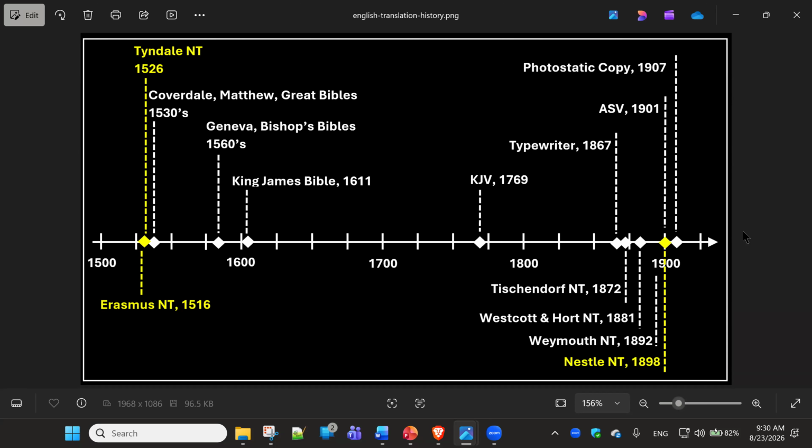What was the mistake that I made with the invention of movable type when I said it made the text static? The phrase I used is it locked the text of the New Testament in stone. Well, here's the problem with that. What Brian was getting at is the issue.